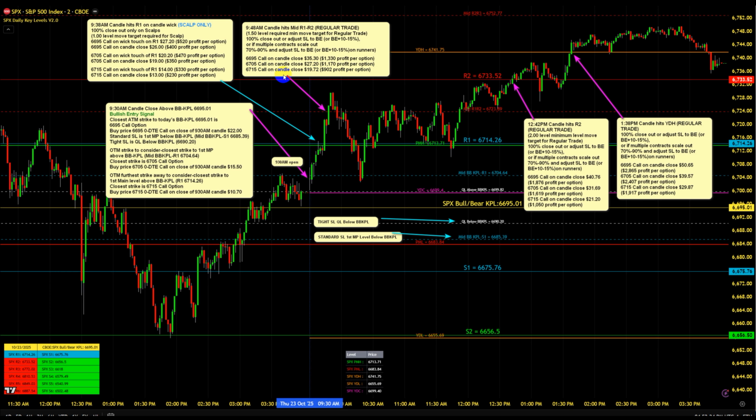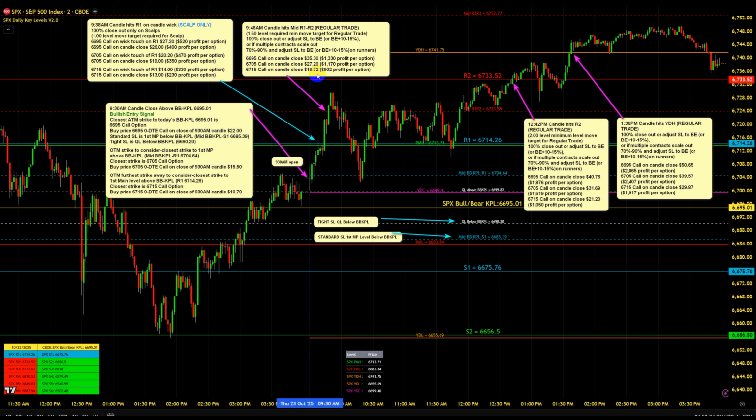Now remember, this furthest out of the money option, you pay $10.70. So on a percentage basis, this is actually doing better based on the initial cost than the at the money one is doing, because remember, the at the money was $22, and now it's up to $35.30, whereas this is a little better as far as a percentage basis.